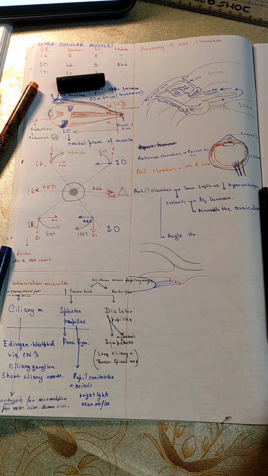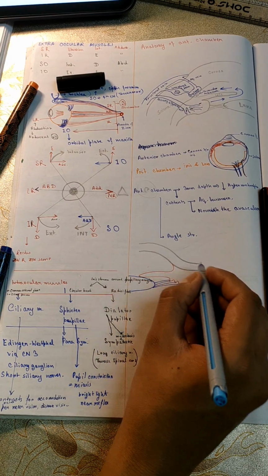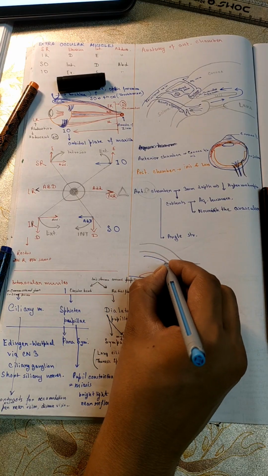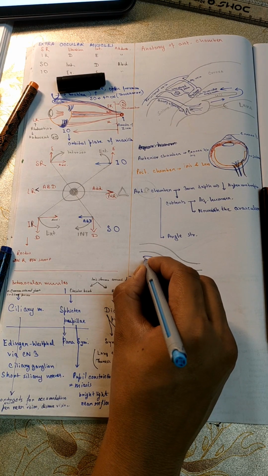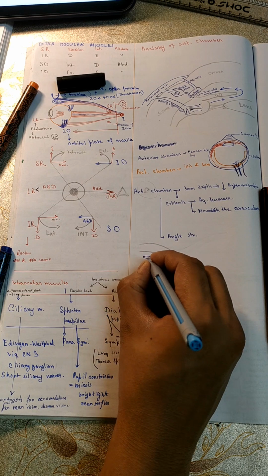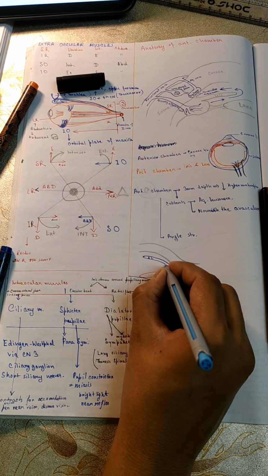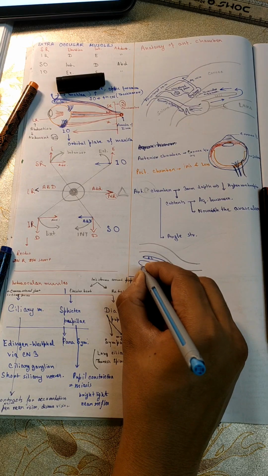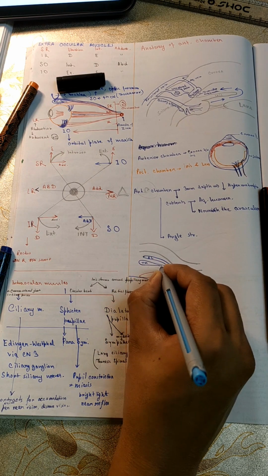Now I have the angle structures. The angle structures are, from the first one is Schwalbe's line. This is SL, Schwalbe's line. Next is trabecular meshwork.